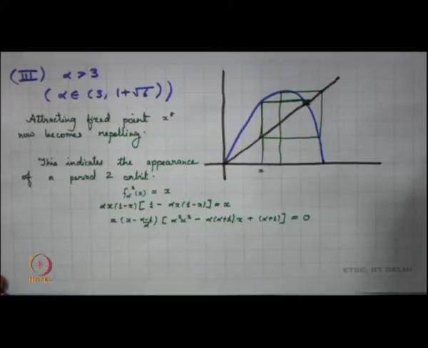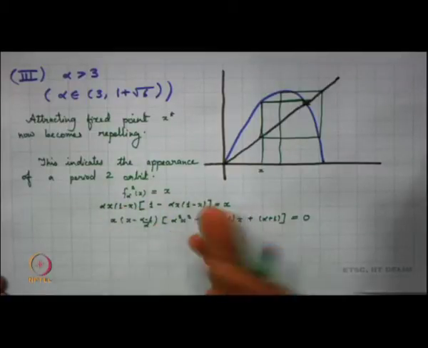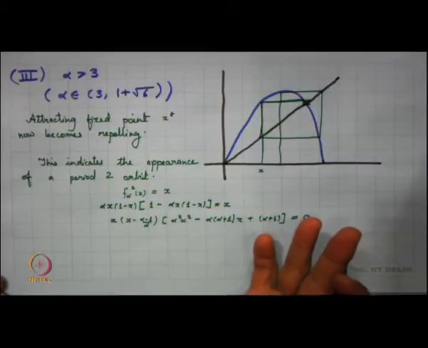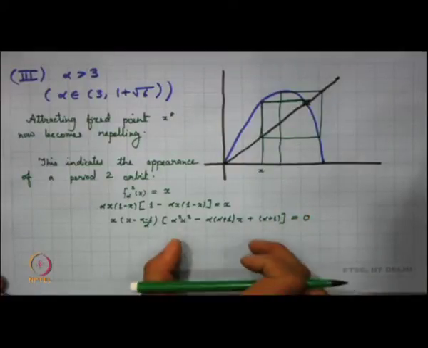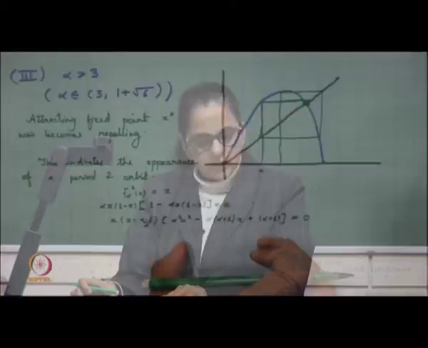Now, we already know that we have the fixed points (alpha minus 1)/alpha and x equal to 0. These are definitely going to be fixed points for f alpha square of x equal to x as well. So, we get another set of points from this particular equation.